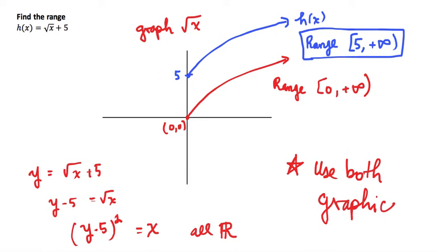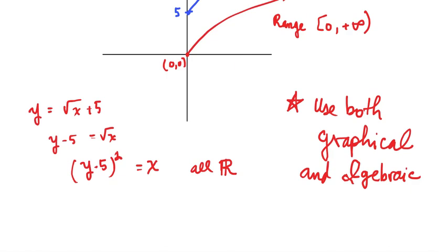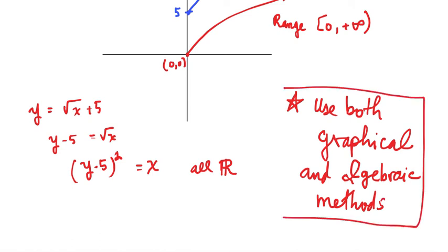There's really no other way to get around it. And in the next couple videos, I'll show you why this is pretty complicated. So always use both the graphical and the algebraic methods when you're finding the range. If you use just one, it'll work some of the time, and then it'll fail dramatically some other times as well.